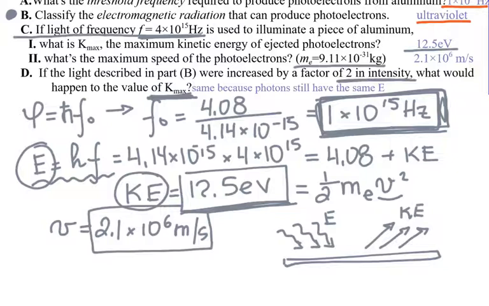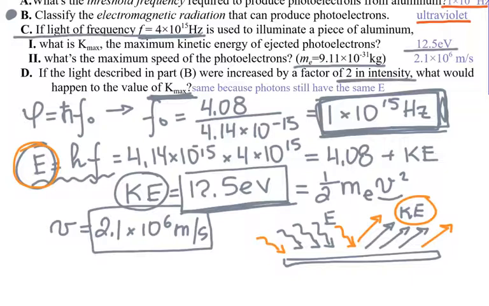But now the intensity increased. That means there are more photons of this given energy coming. So there will be more electrons of this kinetic energy flying away from the surface.